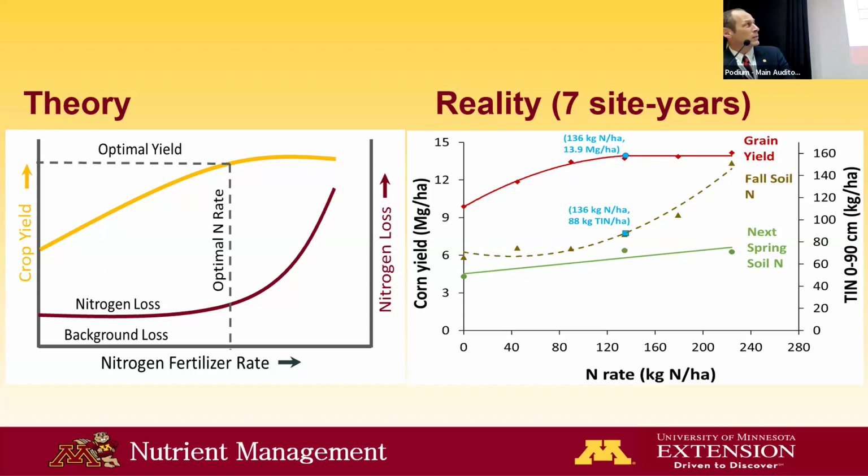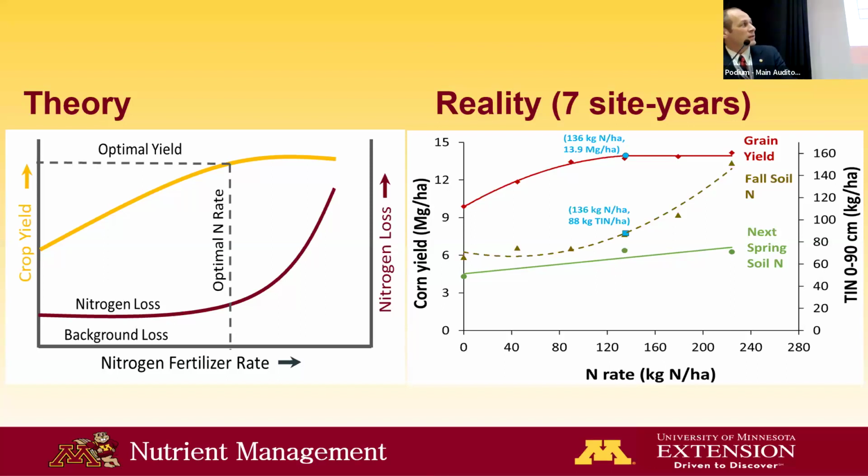This is just one example out of a 7-site-year study where we see this yield increase to an economic optimum and then a plateau after that in corn yield. We also see residual soil nitrogen in the fall, fairly flat from the economic optimum or below, and then a sharp increase after that.